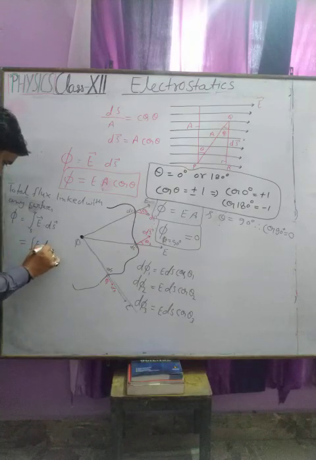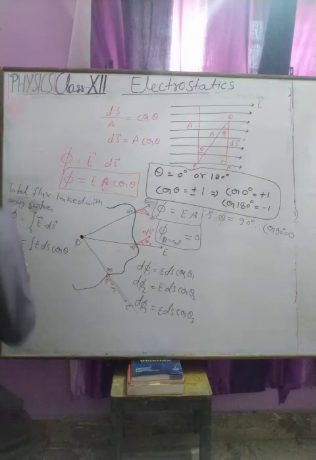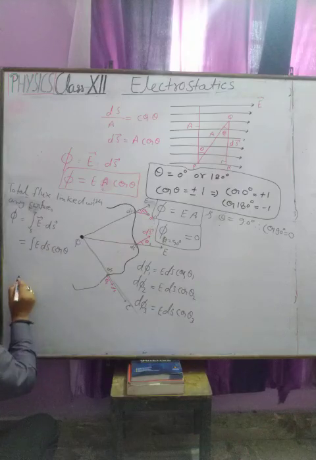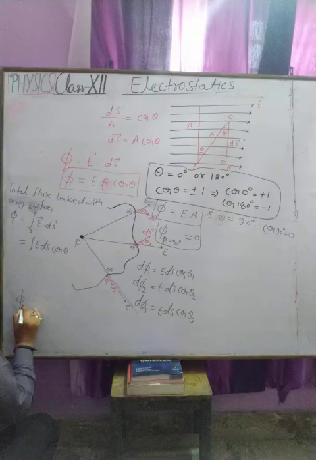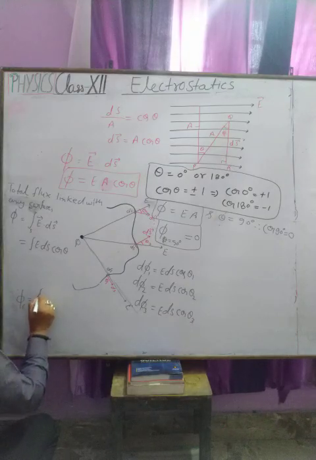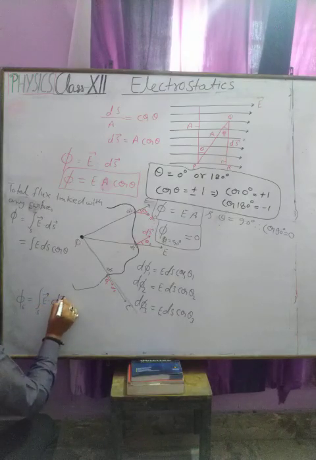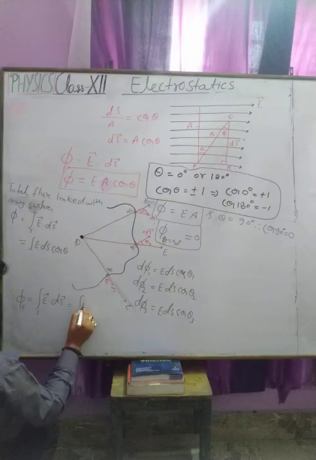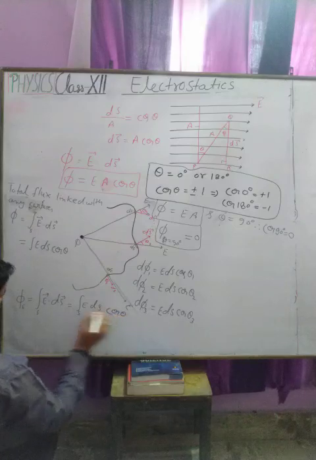This can be given by E ds cos theta. Okay student, therefore the flux for any surface, phi E, is given by surface integral E dot ds, which is equal to surface integral E ds cos theta.